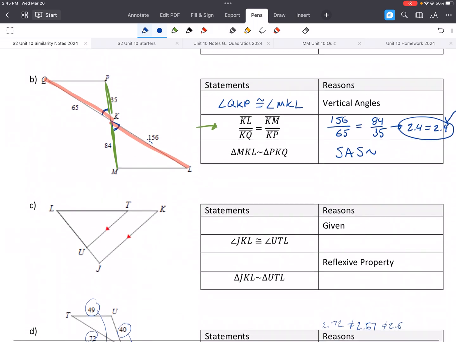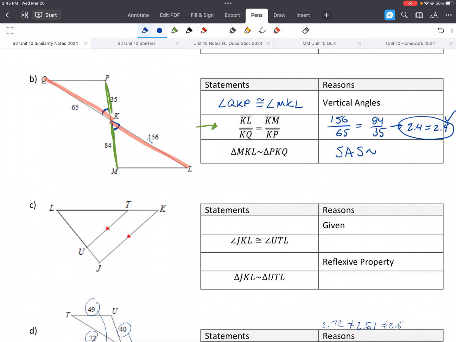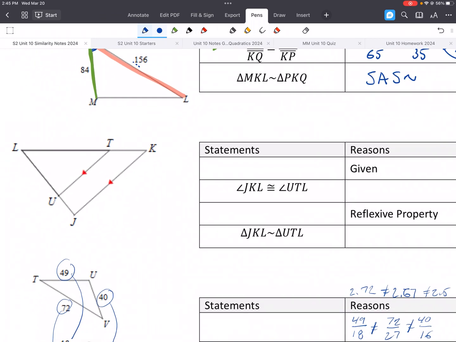All right, let's do this last one. I have the last ones already filled in, and you can have a look at that if you'd like, okay? So let's look. What is given here? Again, what's given is going to be something that you can see that maybe oftentimes isn't there, like these two red triangles, okay? Again, that tells us that these two side lengths are parallel, okay?